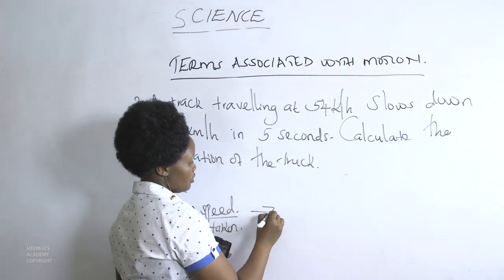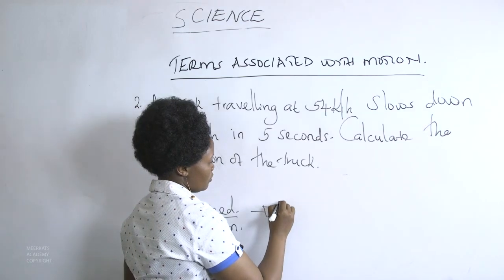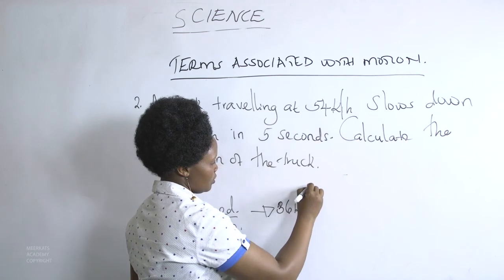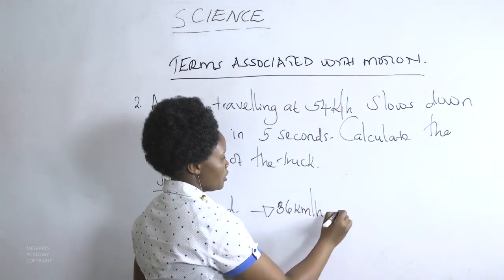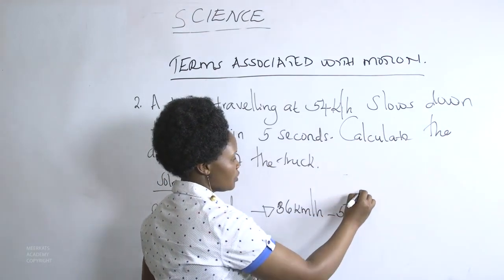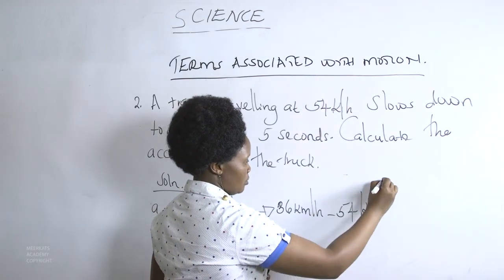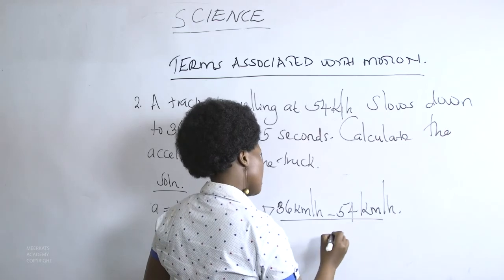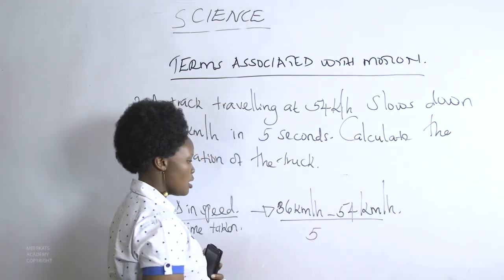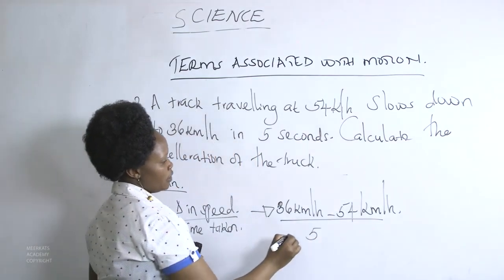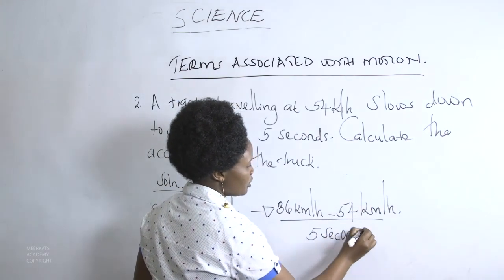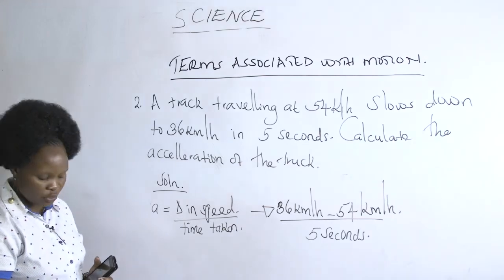Which again will be given by 36 kilometers per hour, you subtract 54 kilometers per hour, and this one we divide by 5 seconds, which is the time taken to realize the change.